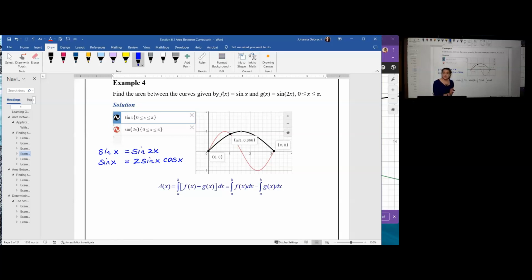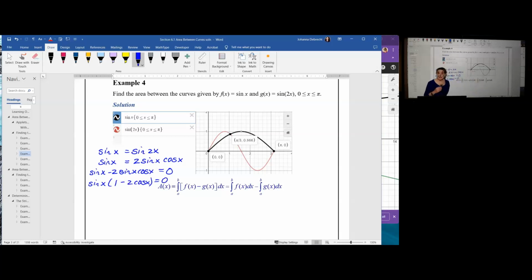Move everything to one side and factor. In this case, I can rewrite it as sine of x minus 2 sine x times cosine x. Now it's equal to 0. I factor out the common factor of sine x, and this leaves 1 minus 2 cosine of x.